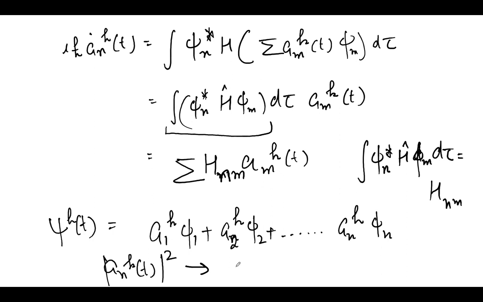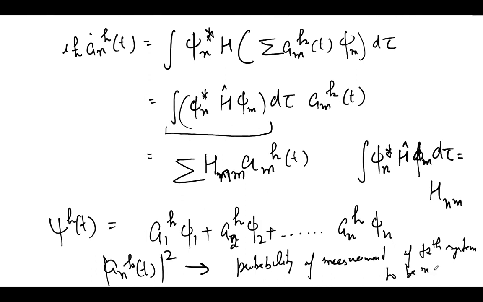So we generally represent this as the probability of measurement of the kth system to be in state phi n at time t.